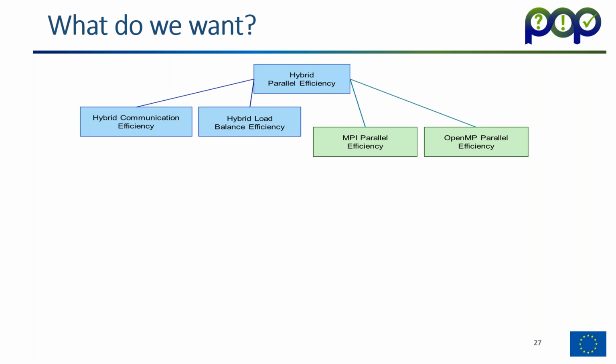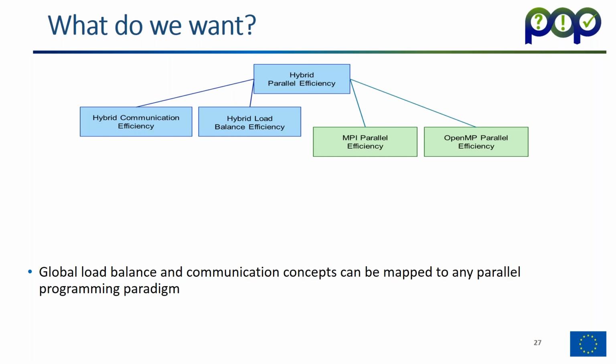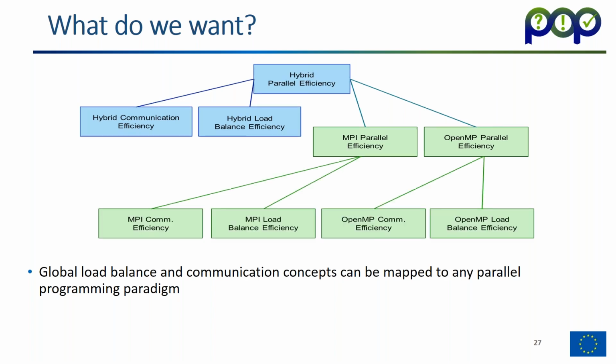Basically, what we want is to be able not only to classify the power efficiency between the fundamental factors of load balance and communication, but also to split the contribution of each of the parallel programming paradigms that we are using. And if you accept that, as we have seen based on the formulas, load balance and communications are concepts that can be applied to any parallel paradigm or any combination of programming models, we can compute, once we isolate the MPI and OpenMP contribution, its underneath efficiency.